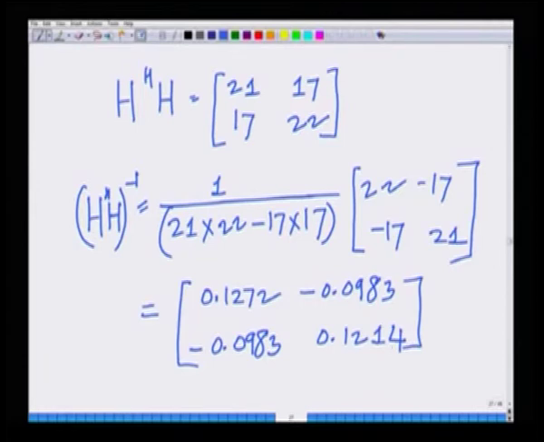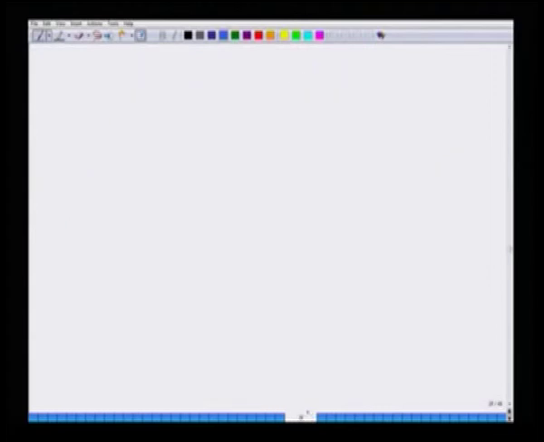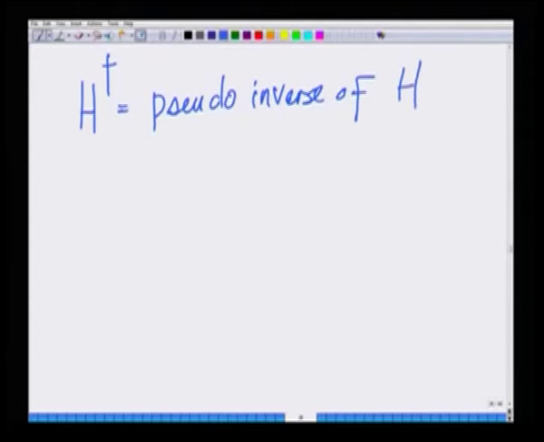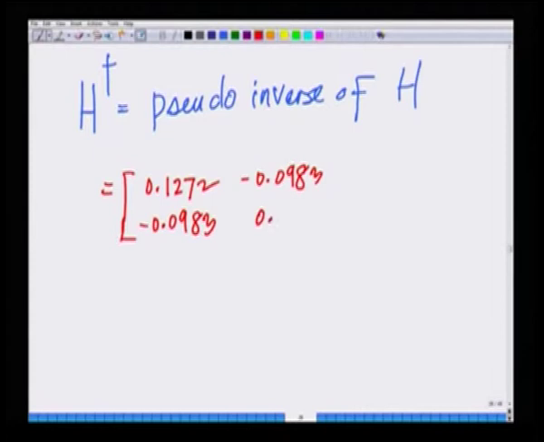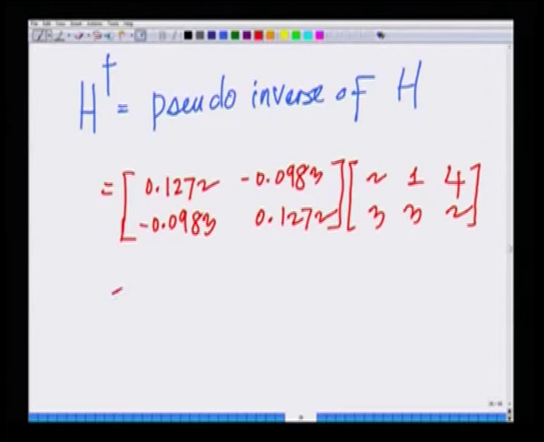So, H Hermitian H inverse is this matrix that is given over here, and finally, H dagger, the pseudo inverse of H, also known as the left inverse of H, is given as H Hermitian H inverse, which is 0.1272, minus 0.0983, minus 0.0983, 0.1214, into H Hermitian, which is 2 1 4 3 3 2 transposed.